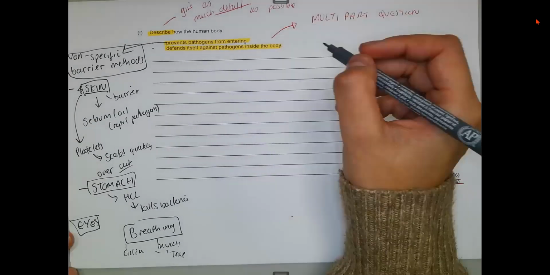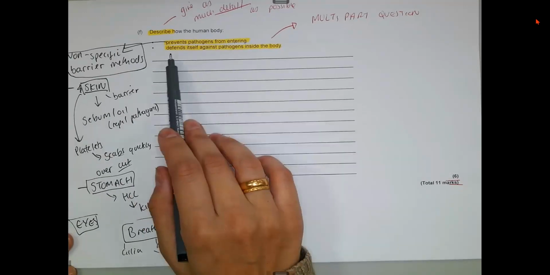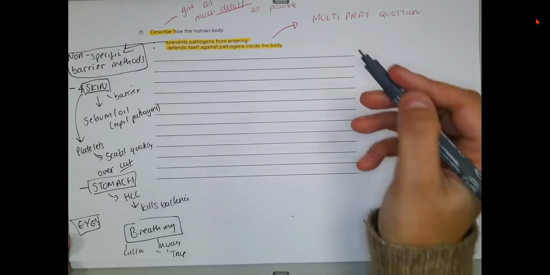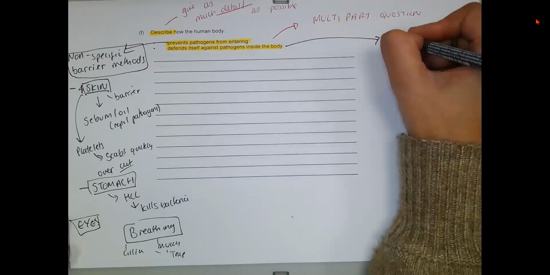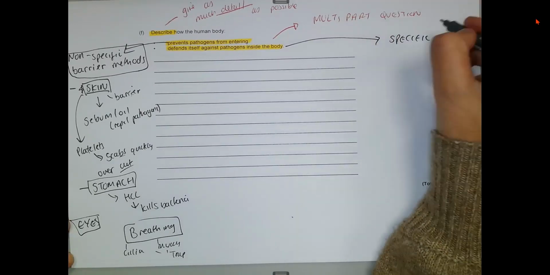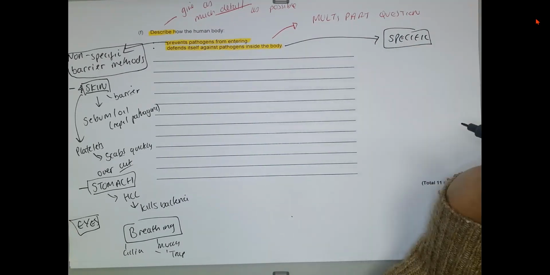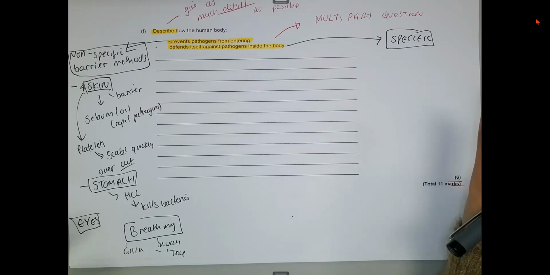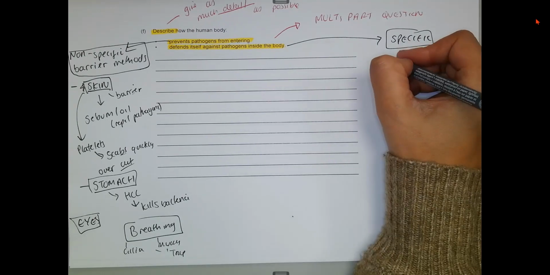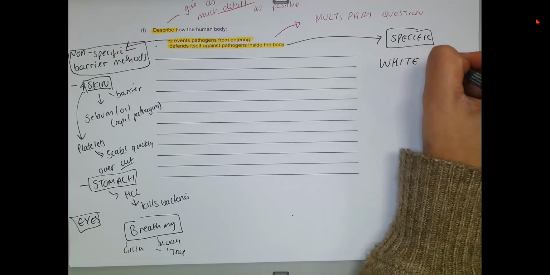We also need to then talk about if this barrier method fails and the pathogen was to get inside our body, what are the specific methods that we can use within our body? So we know that specific immunity is formed of the white blood cells.